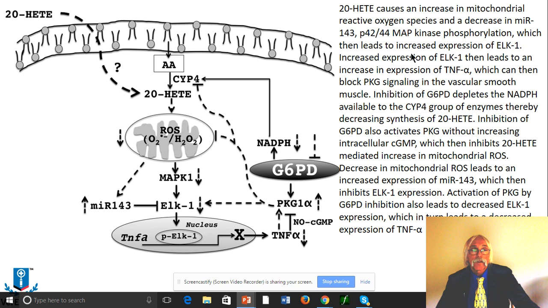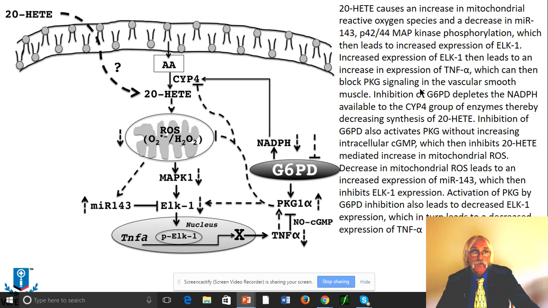Which then leads to increased expression of ELK1, there's your friend there, then leads to an increase in the expression of TNF-alpha, we just showed you that, at the transcriptional level, which can then block, here we go with the new stuff, protein kinase G1 alpha activity. Okay, it's going to block that.